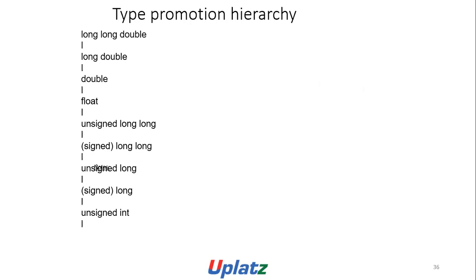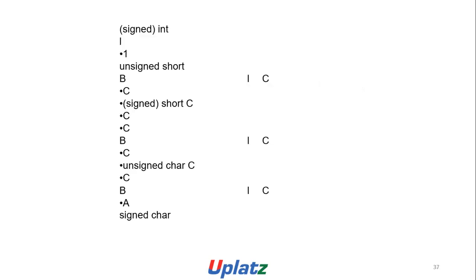Data types: long double, double, float, unsigned long, signed long, unsigned int, signed int, unsigned short, signed short, unsigned character, signed character.